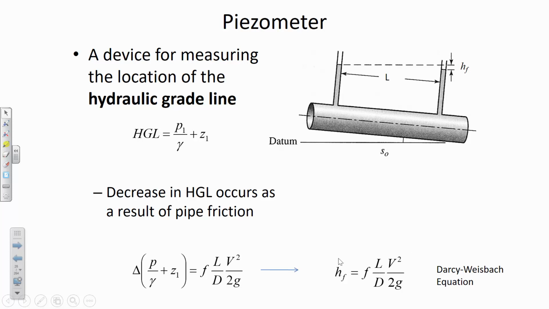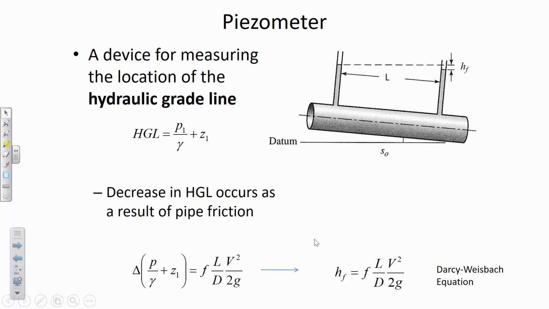So the energy loss between two points is a function of the friction factor, the pipe length L, the velocity term squared, divided by the diameter and 2g. The Darcy-Weisbach equation is derived from the idea that the hydraulic grade line can be traced with these piezometers, and we know the height difference, H sub f. If you double the length, then you double the H sub f.